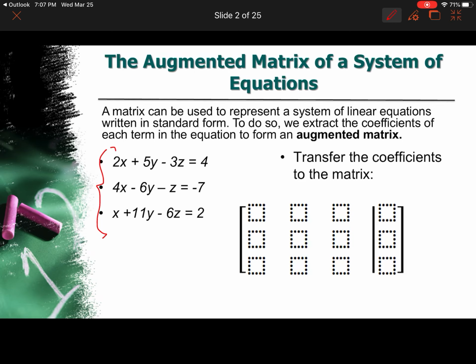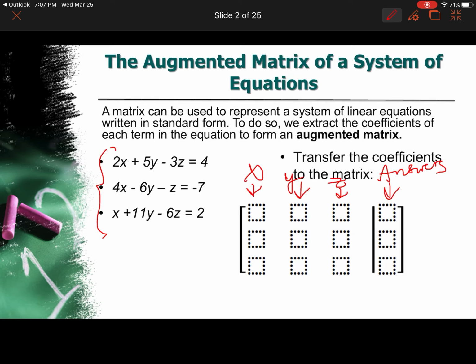So it's just kind of shorthand. We're not going to have to write any x's or y's or z's, right? The numbers for the x's will go in this one. For the y's will go in this one, and for the z's will go in this one. And the answers will go in this one.